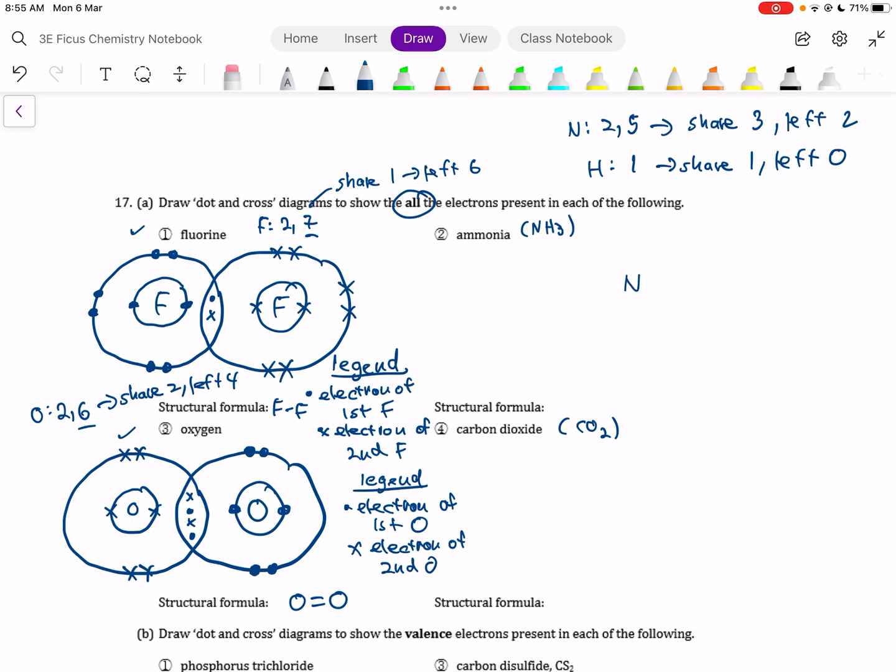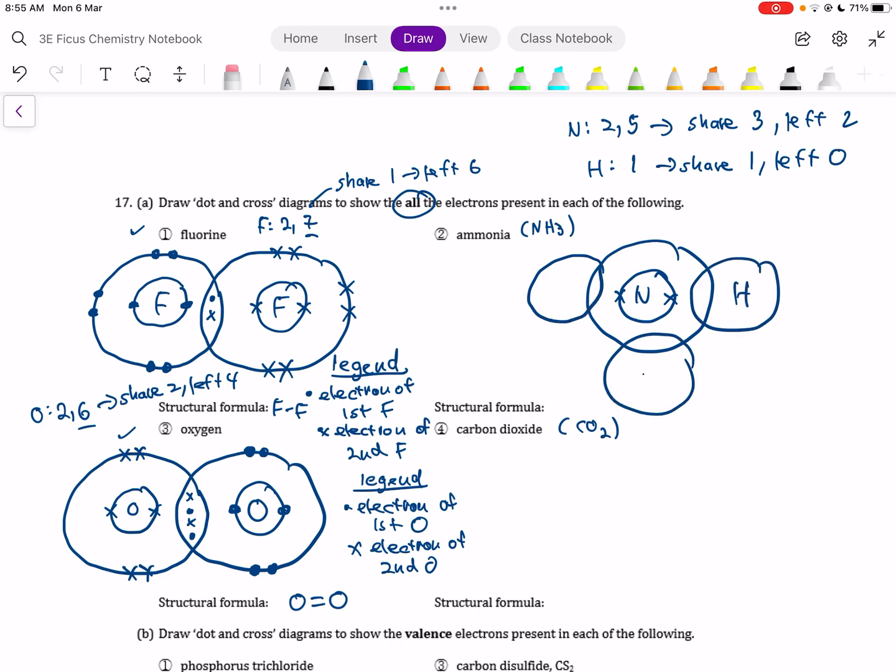So this is how it looks. This one I have to show all, so a bigger circle. I share with 3 hydrogen. Sorry, it should be this way. Let me edit a bit. 2 crosses this way.